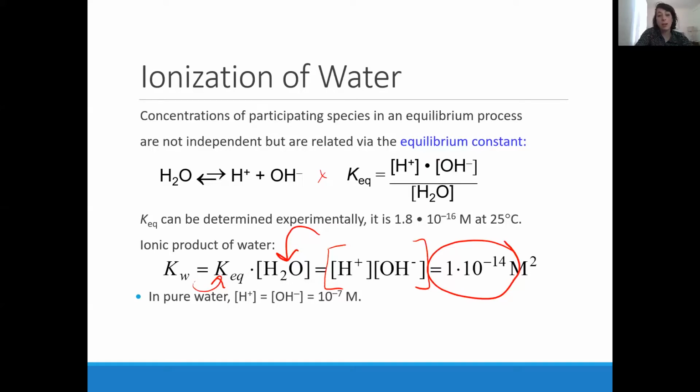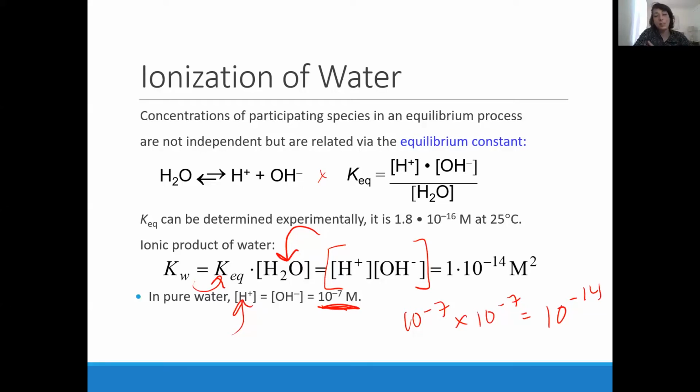So in pure water, if combined, the protons and the hydroxide equal 10 to the negative 14th. That means that individually, each one is 10 to the negative 7th, because 10 to the negative 7th times 10 to the negative 7th equals 10 to the negative 14th. And we assume that there's as many protons as there are hydroxides, since water is splitting into a proton and a hydroxide, one each every time it dissociates. So these are where these numbers come from.